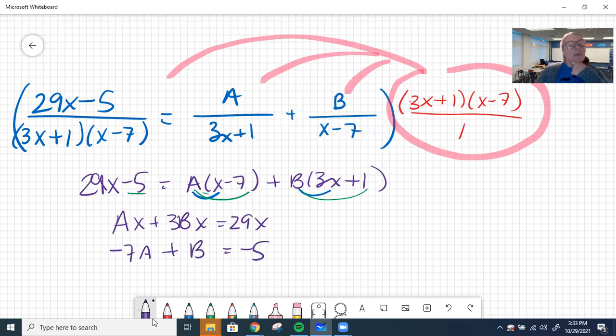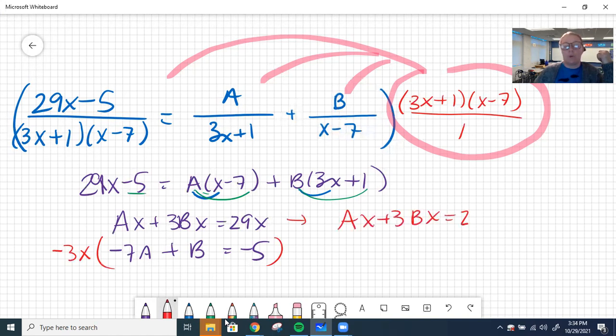All right, now if I eliminate the a's, this one needs a negative 7 and that one needs an x, so I'd have to multiply the top and the bottom, and you can totally do that. I think the b's might be easier because I could get away with just multiplying this bottom equation by negative 3 and an x, and then I don't have to mess with the top. Okay, so I'd have ax plus 3bx equals 29x, and then I would have 21ax minus 3bx equals 15x.